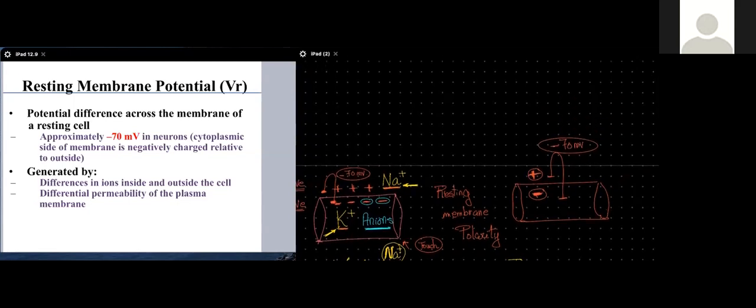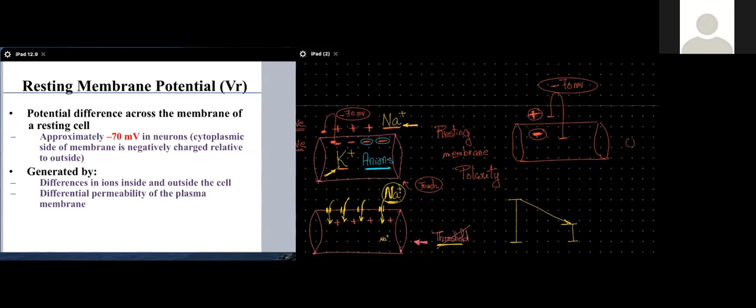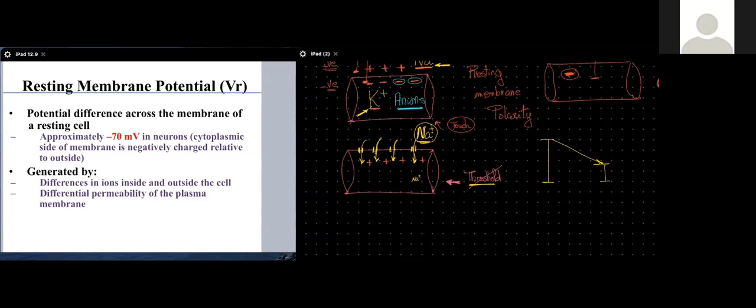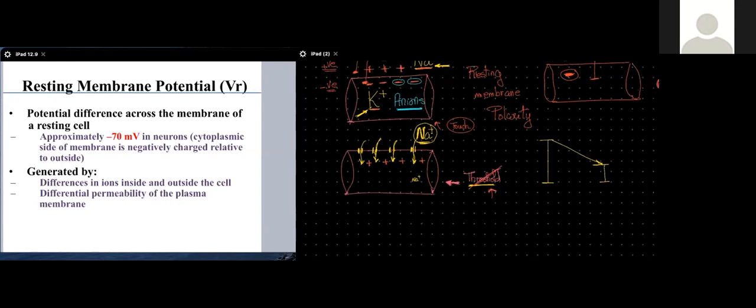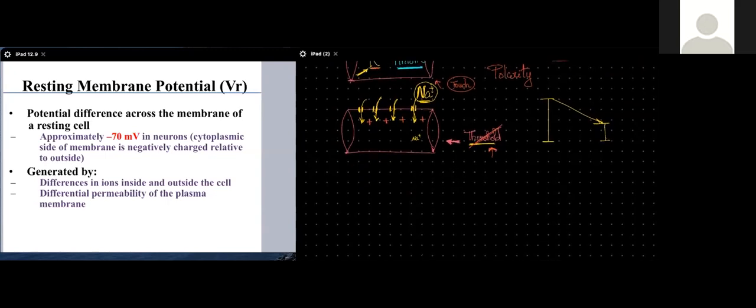This is a zero in the code that you're trying to send. In order for me to send the signal, I need to get enough stimulation, a threshold stimulus. If I get a threshold stimulus, what's going to happen? I will open enough sodium channels that will allow the sodium influx.